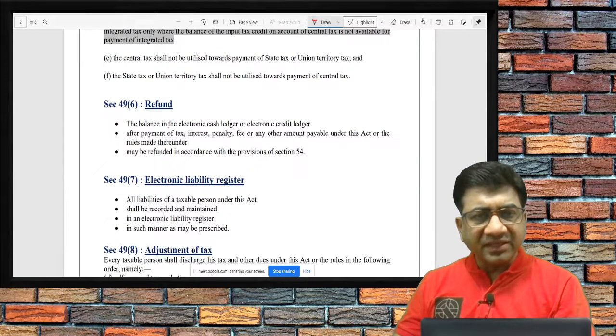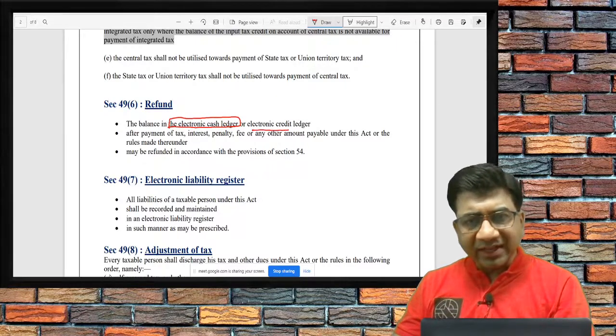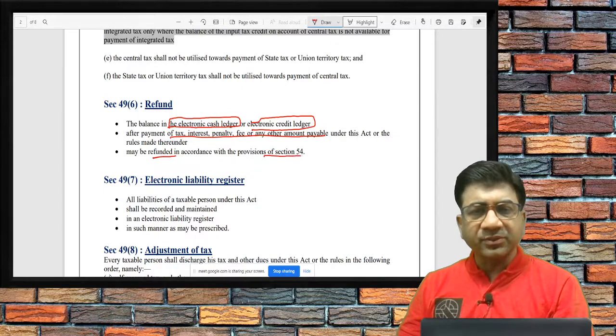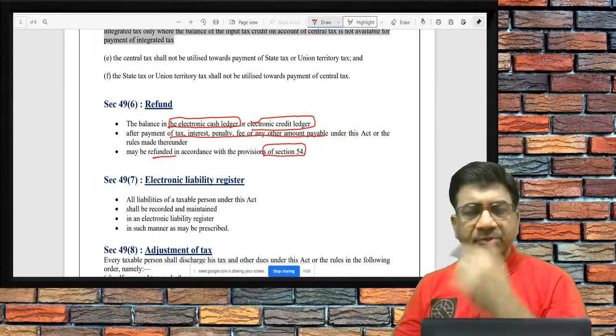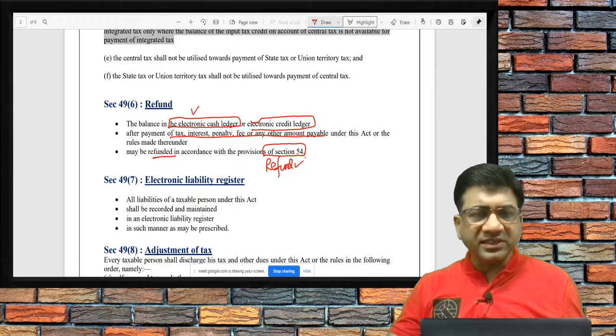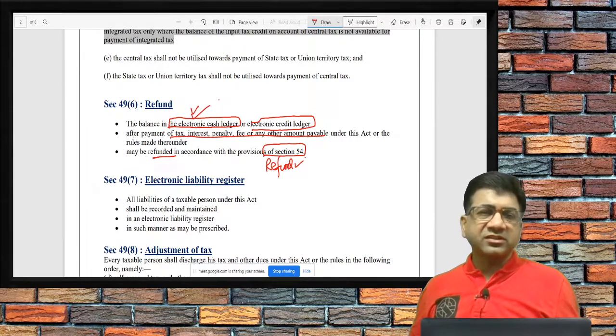Refund. The balance in the electronic cash ledger or electronic credit ledger, after payment of taxes, interest, penalty, fees, or any other amount, may be refunded in accordance with the provisions of section 54. Today we'll do the chapter of refund. So how are they refunded? This refund is easy because this is your cash. This is my wallet.